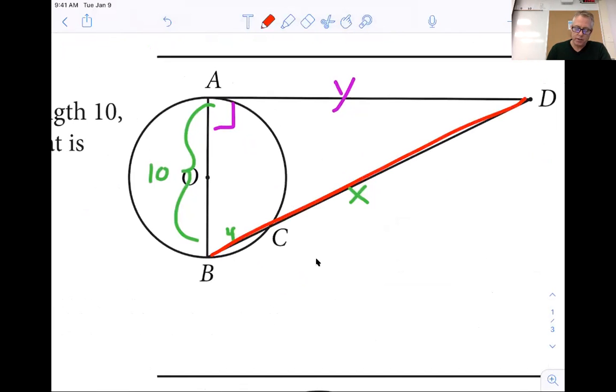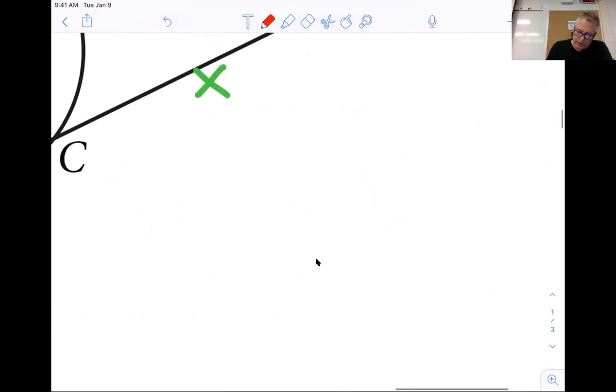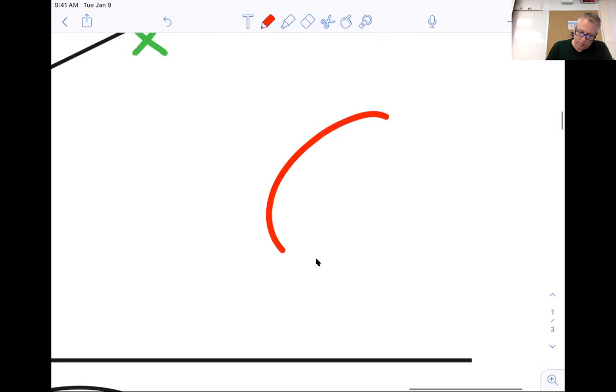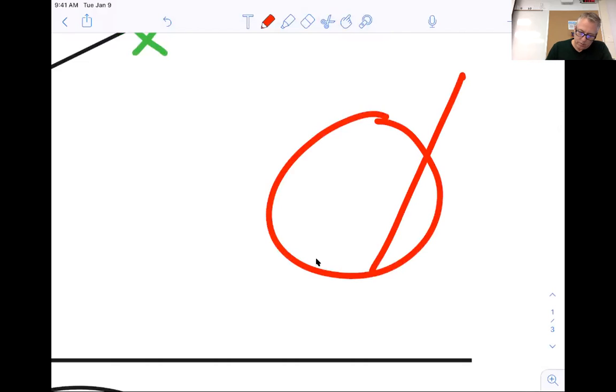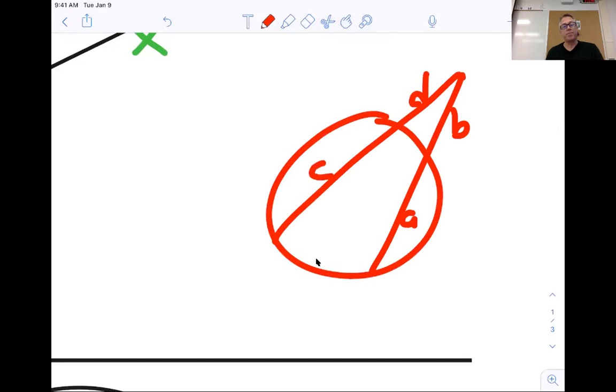It's a secant line because it hits the circle in two spots. And you have this tangent line. And when you have two secant lines, maybe I'll start with that. The pieces A times B is equal to C times D. Kind of like those chords that we had when they intersected inside.